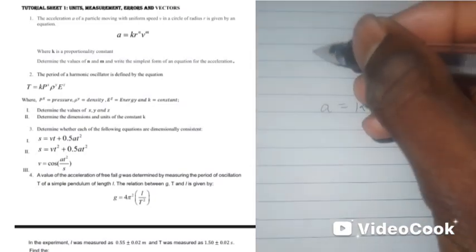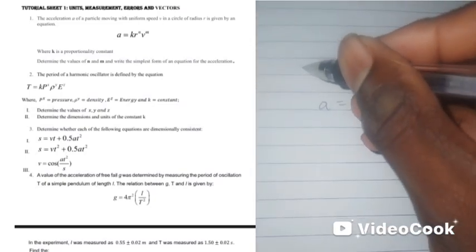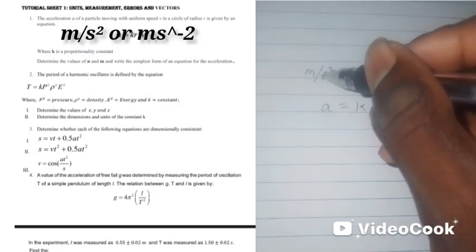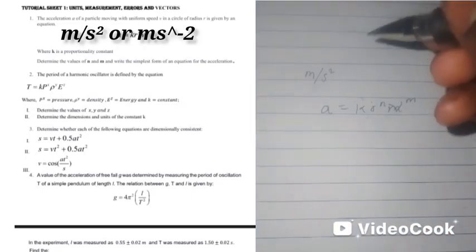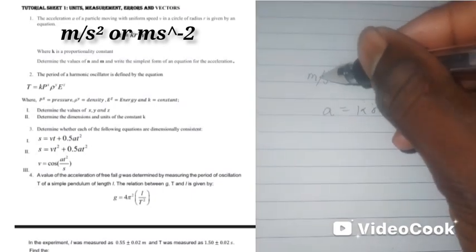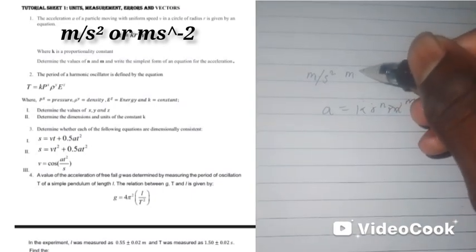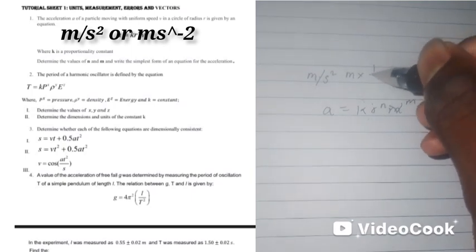I like getting the dimensions from the units. For acceleration, that's meters per squared second. One thing you need to note is that this can also be written as meters multiplied by 1 over s squared.